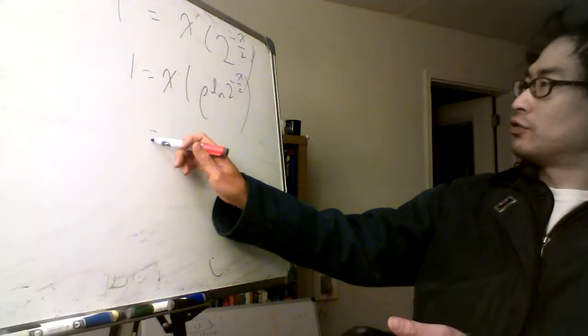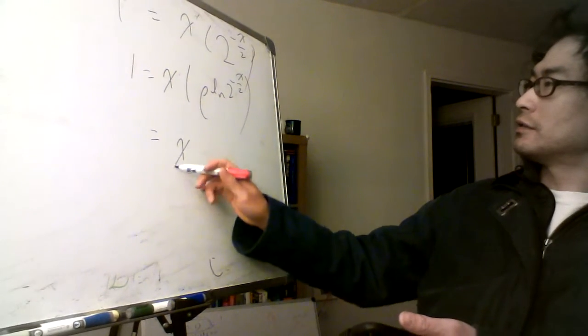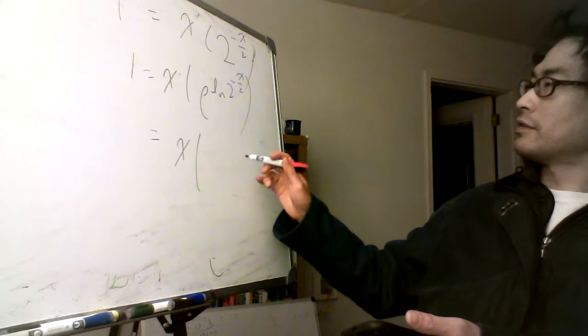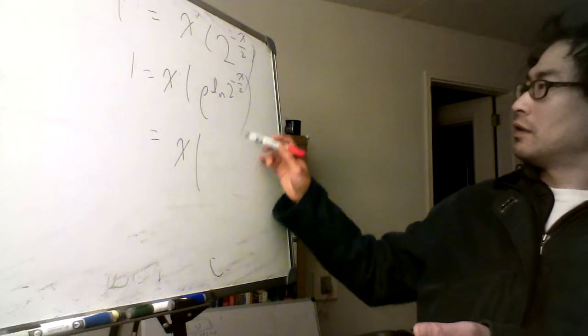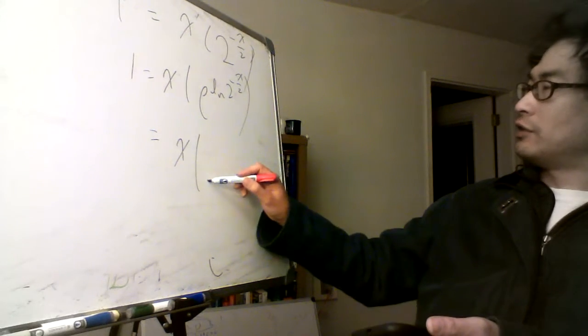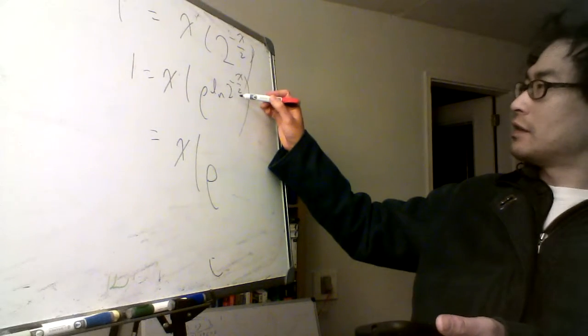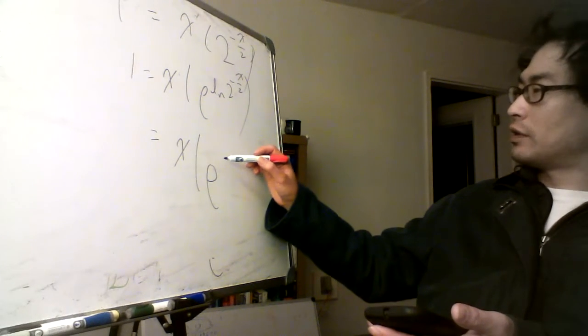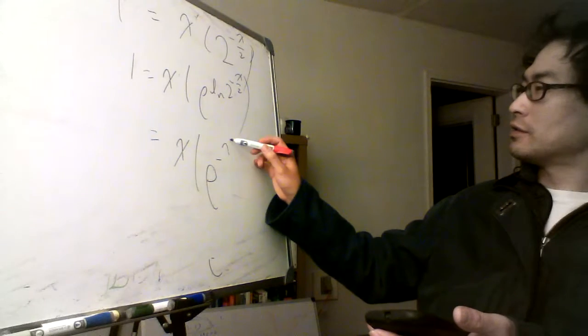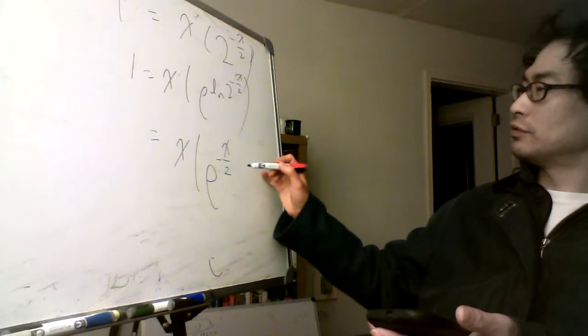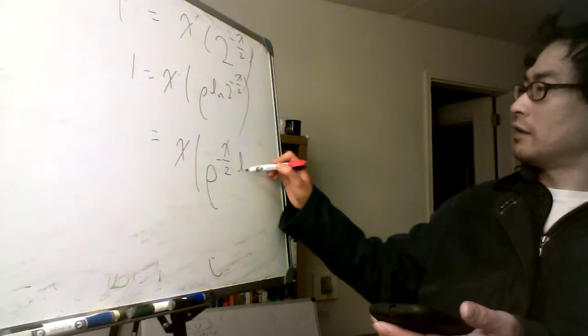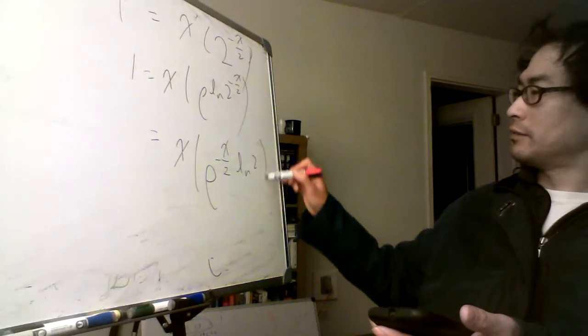And this is equal to x times e to the, this exponent comes out, x over 2 ln 2.